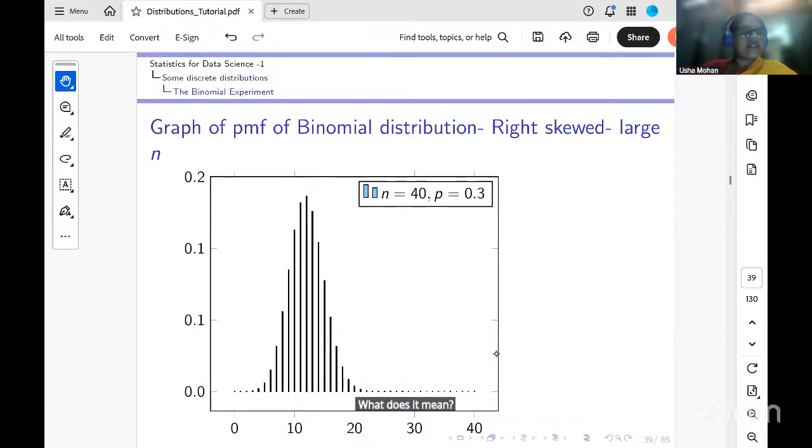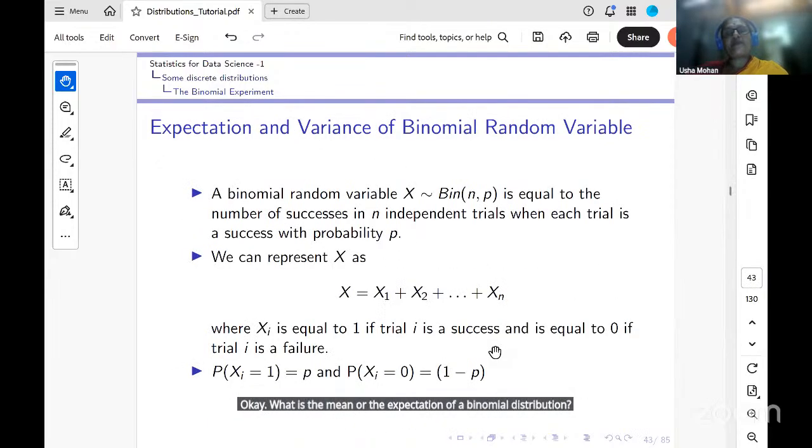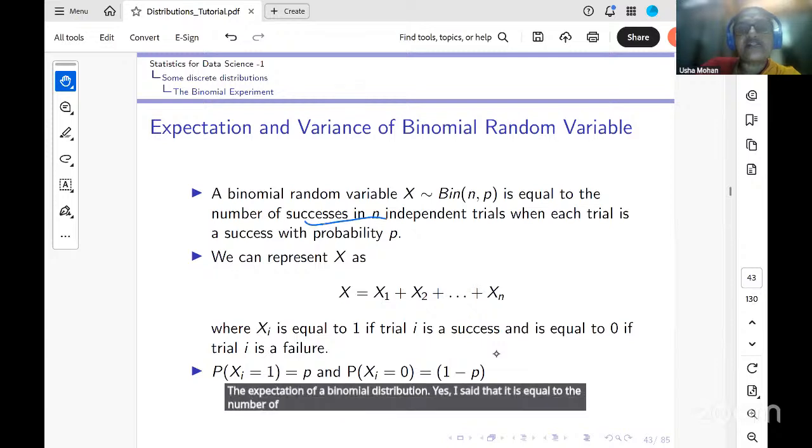So now the next thing is, what is the mean or the expectation of a binomial distribution? I said that it is equal to the number of successes in n independent trials.